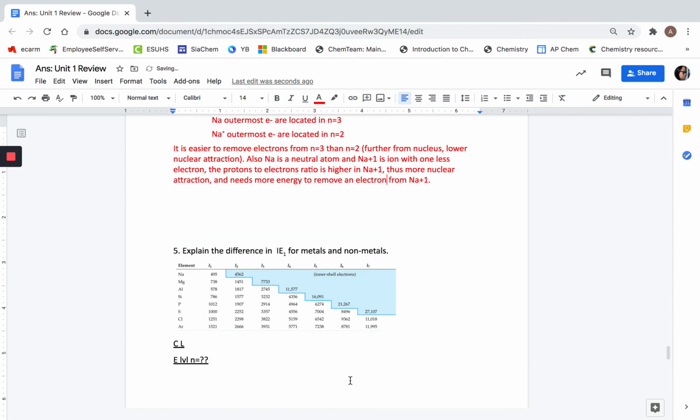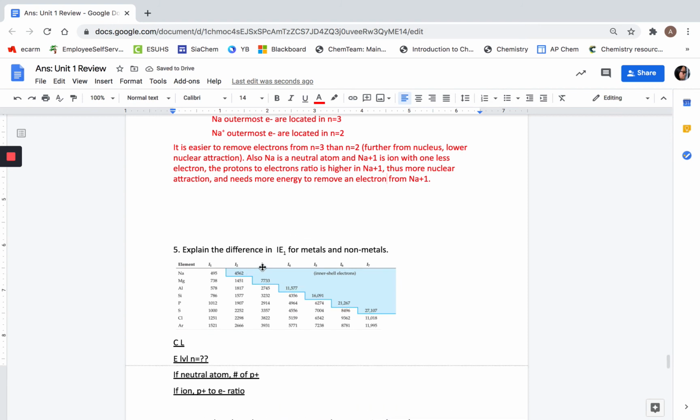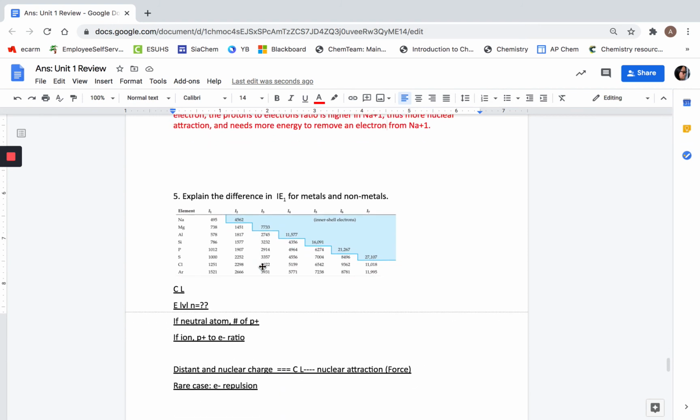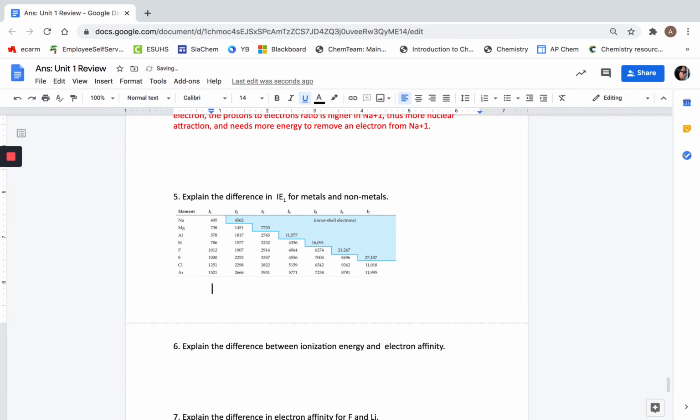Okay. Explain the difference in IE1 of the metal and non-metal. In this case, we're only looking at Na, Mg, and so on. So what can we say about metal versus non-metal? Let's take Na versus, let's say, Cl.